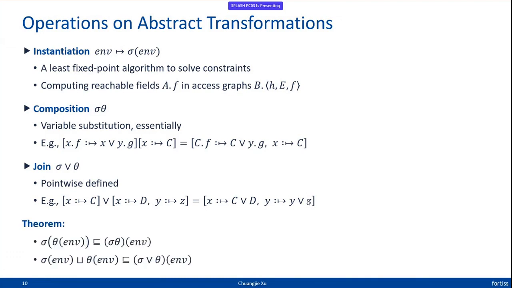Okay, then we have the theorem to say that this operation, this composition and join, are correct. You may expect that if you update the environment with the theta one transformation first, and then update it again with the other one, it should be the same as doing the composition first and then updating it secondly.